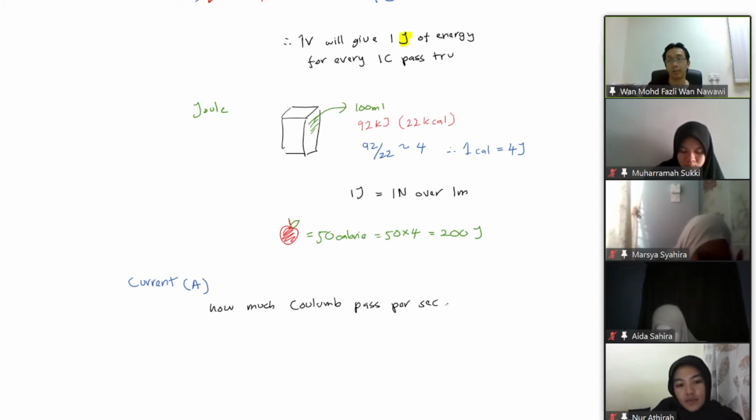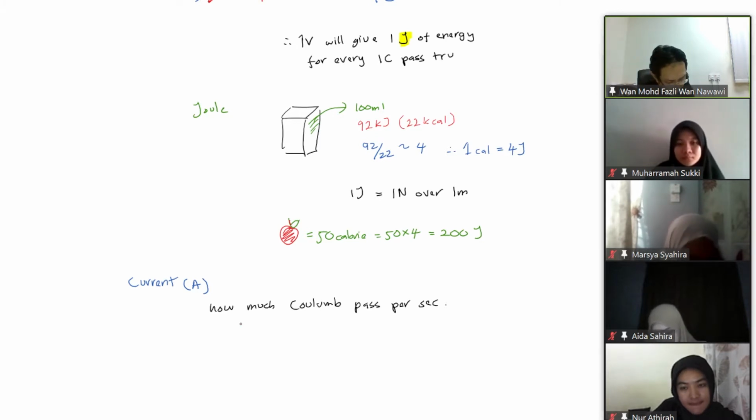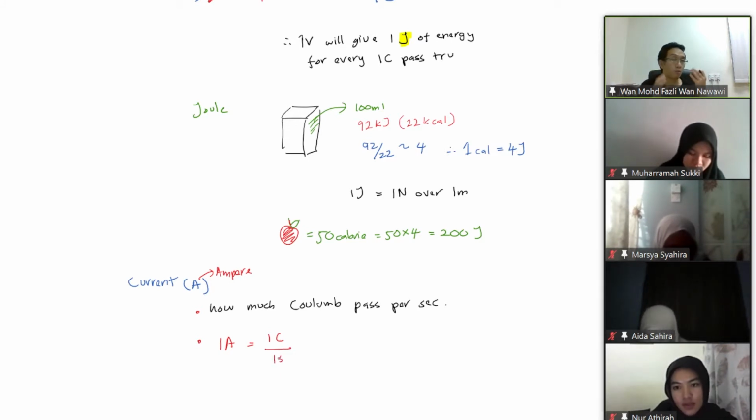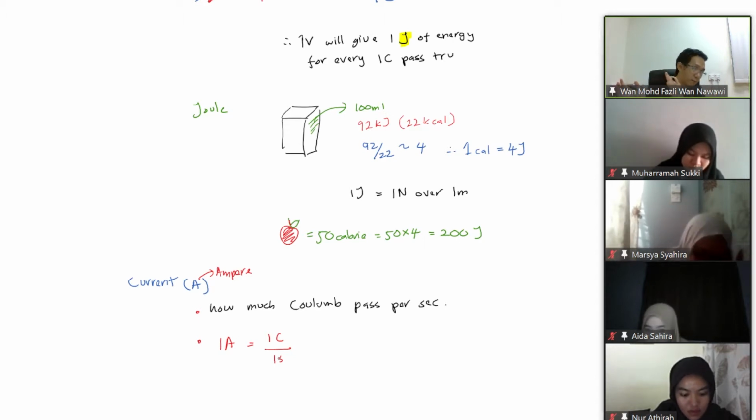So if you have, for example, 1 ampere, the ampere is the unit of current. If you see 1 ampere, it means that 1 coulomb of charge passed in 1 second, and 1 coulomb is basically a huge number of electrons passing some region.